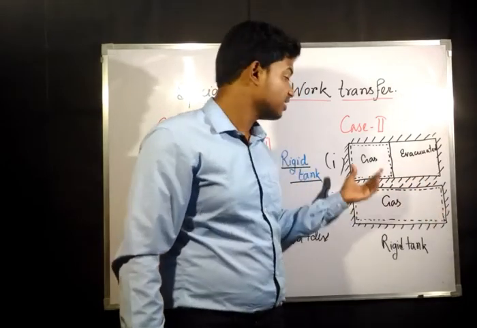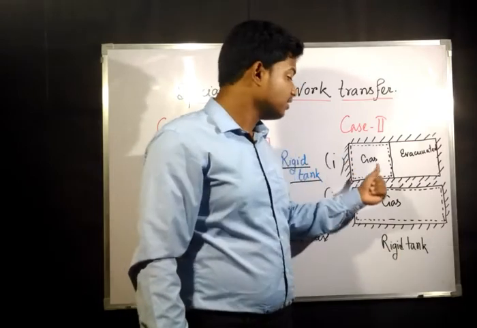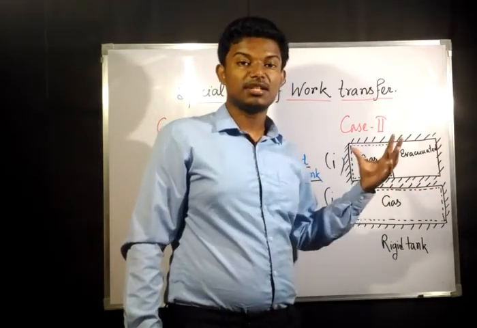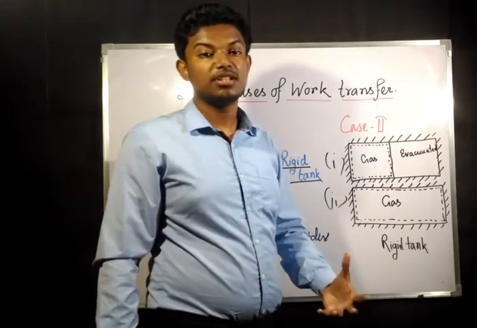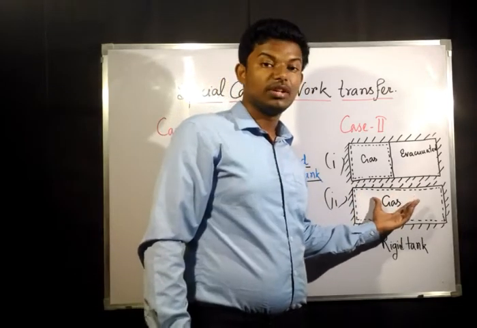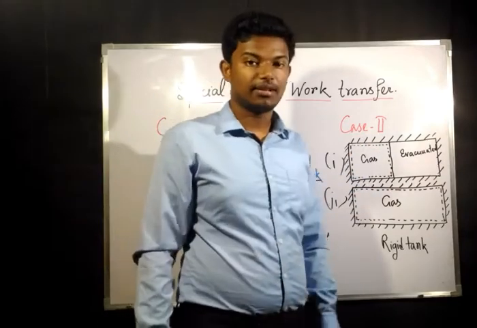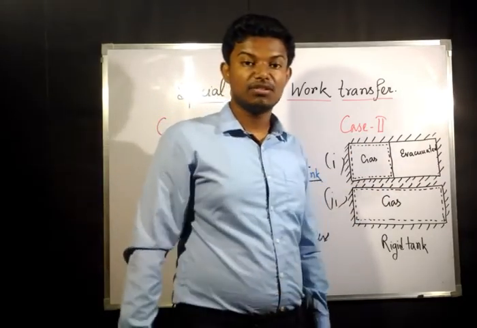There is no resistance for this gas to fill the vacuum. That is the reason there is no work transfer, and this type of expansion is known as free expansion. Expansion against vacuum is completely free, and since no resistance is provided, work transfer is zero. This tank is also completely insulated.